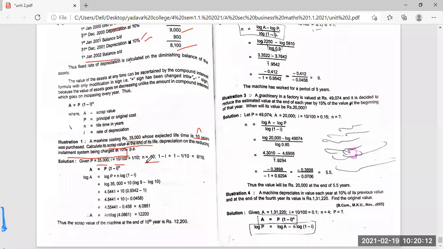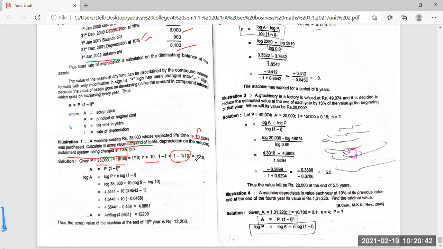Okay. So now we are doing it. n is equal to 10. 1 minus I is the depreciation value. It is 1 minus 1 by 10. That is 9 divided by 10. We have to take the LCM. So 1 minus 1 by 10. Here 1 by 10 comes from 10 divided by 100, the zeros cancel, so we get 1 divided by 10.